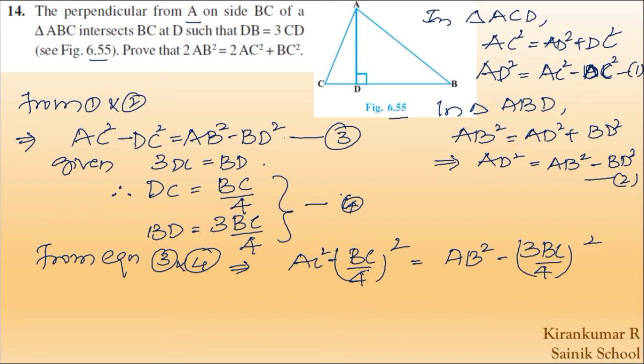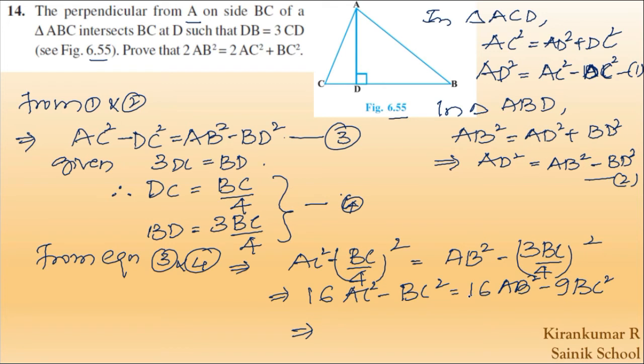We need to simplify this. We can cross multiply the denominators after taking LCM. We will be getting 16 times of AC square minus BC square equal to 16 times of AB square minus 9 times of BC square.